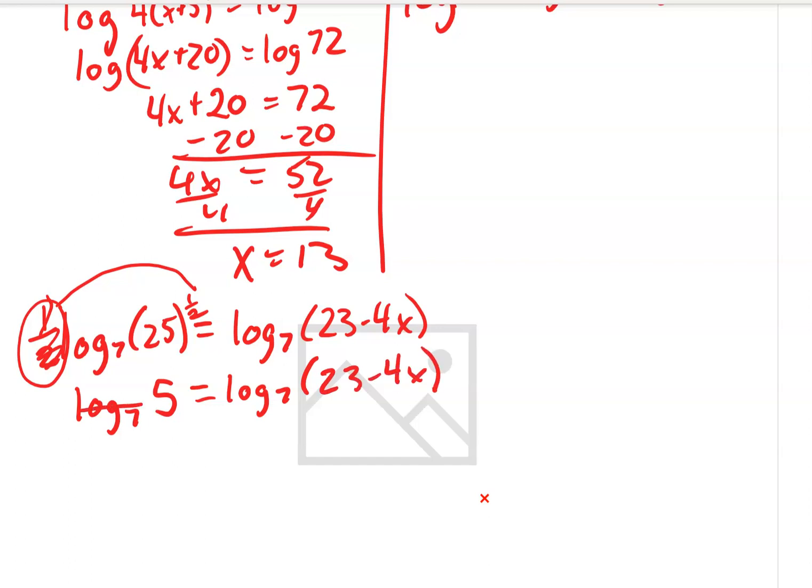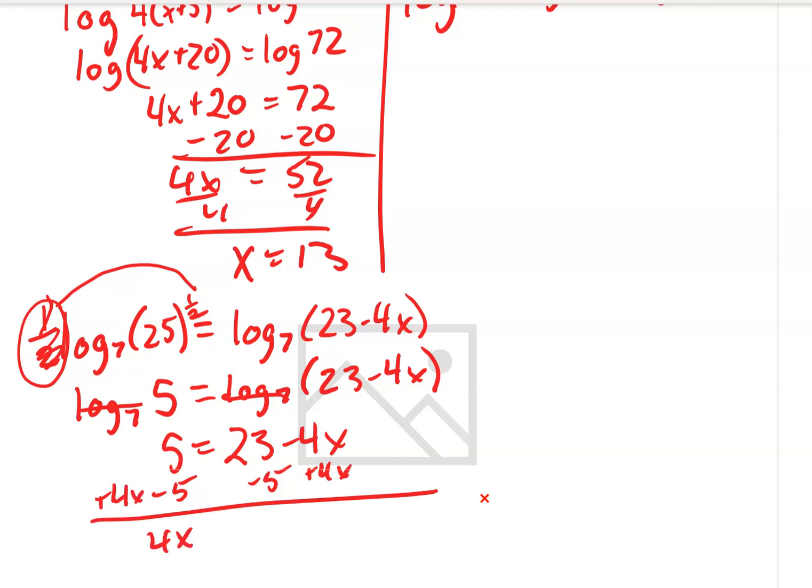We can cancel our logs. We get 5 equals 23 minus 4x. Subtract 5 from each side, add 4x to each side just to get us a positive. So 4x equals 28, so x equals 7.